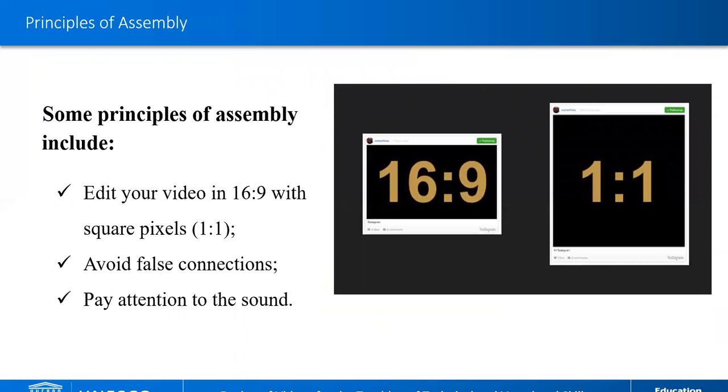Some principles of assembly include: edit your video in 16:9 with square pixels. Avoid false connections. Pay attention to the sound.